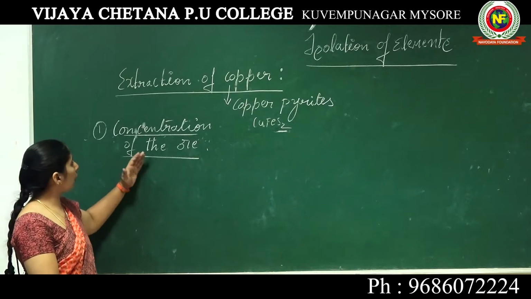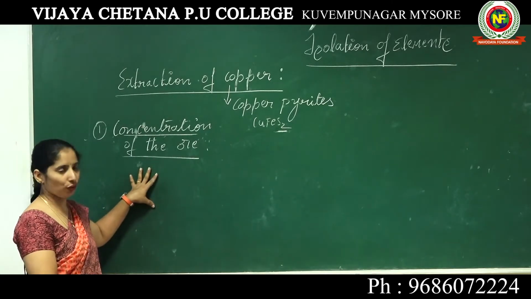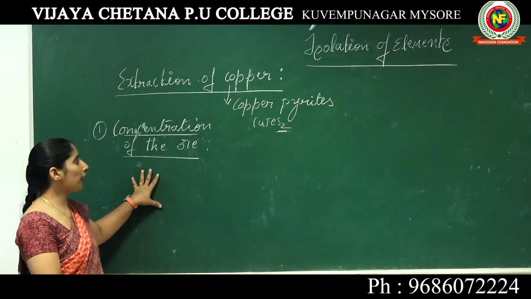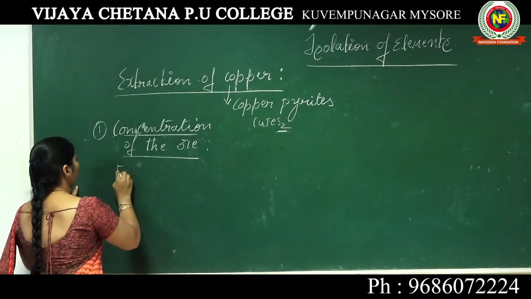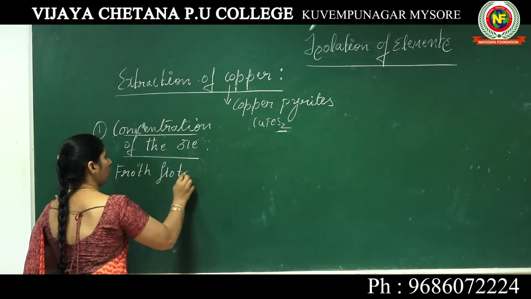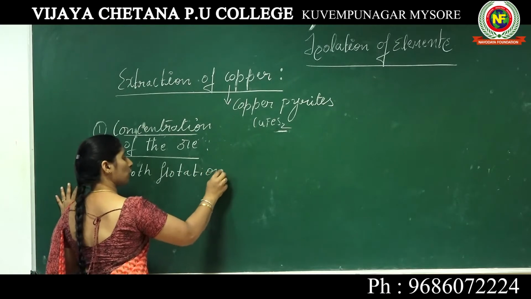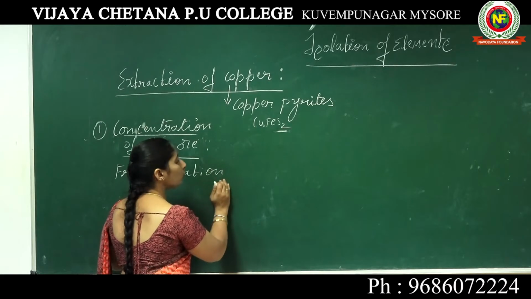So what type of concentration are we applying in this extraction of copper? Here we are applying Froth flotation, or oil flotation, both are the same. So we concentrate the ore through Froth flotation.